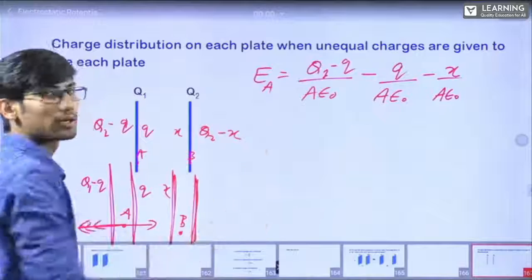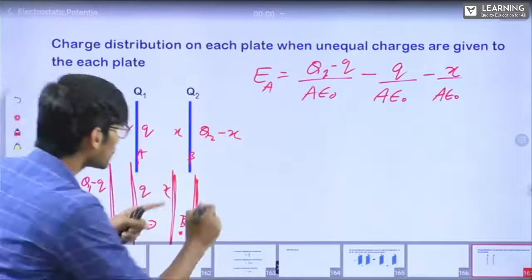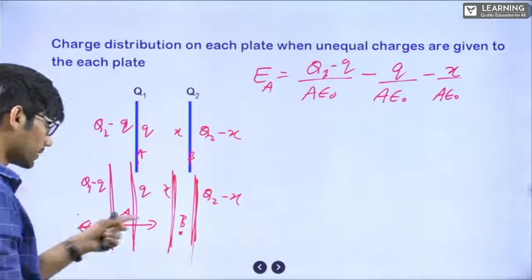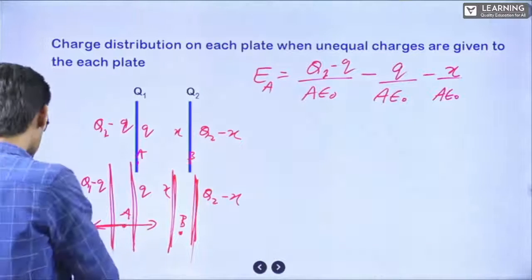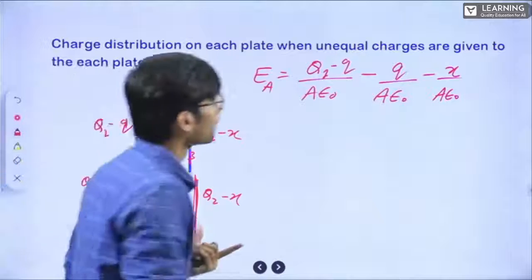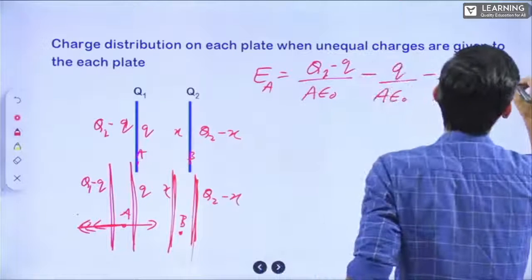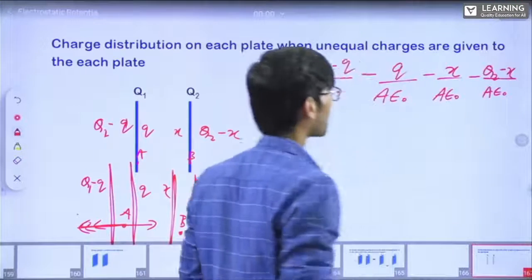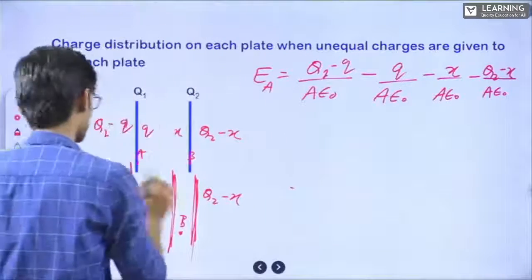Charge per unit area and in the denominator epsilon naught. Due to this charge, Q2 minus X, the electric field will again be in this direction, that is minus Q2 minus X divided by A epsilon naught. Correct?